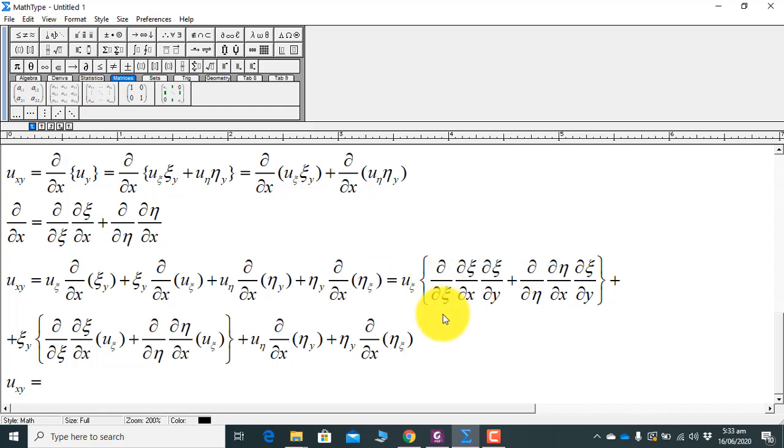How should this be distributed? There is u xi, no problem. The answer for that term will be partial square xi over partial x partial y, and this is partial over partial xi. I think this should be cancelled by this, and the total answer shall be partial u xi.